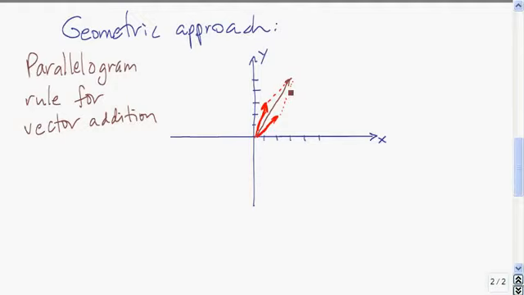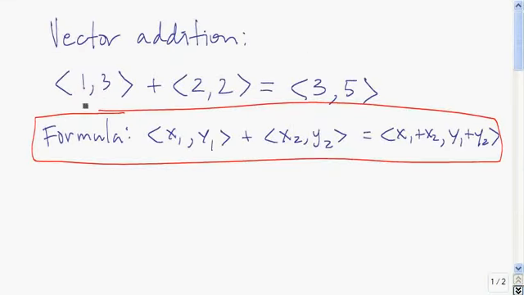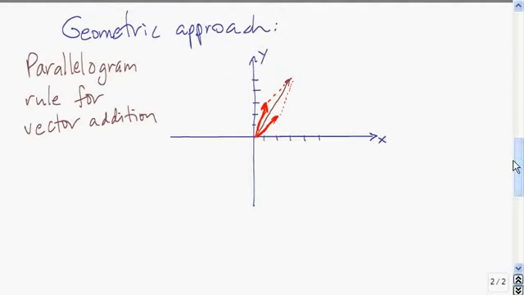You can see that the vectors we were adding were the vectors 2, 2 and 1, 3, and we know that the resultant vector is 3, 5. That's precisely what the diagonal of that parallelogram is. So the parallelogram rule for addition of vectors is we form the parallelogram using the two vectors, and then the resultant vector is just the diagonal.